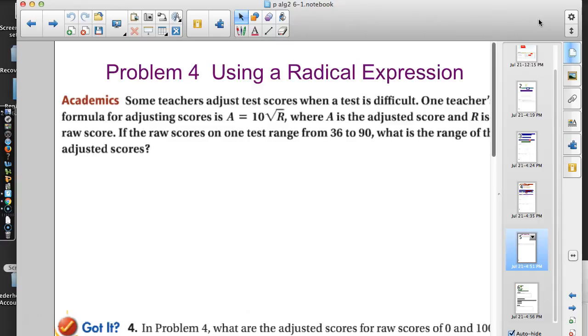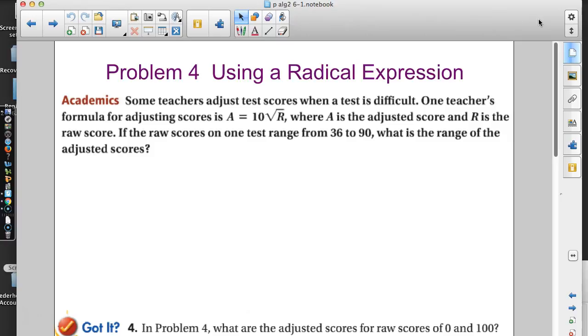So academics, we're going to use a radical expression. This is still part of our objective that we were going through yesterday, which is just finding nth roots. You know, it's a very broad objective. So some teachers adjust test scores when a test is difficult. One teacher's formula for adjusting the scores is A equals 10 square roots of R, where A is the adjusted score.